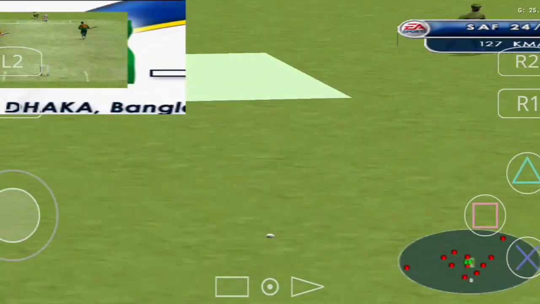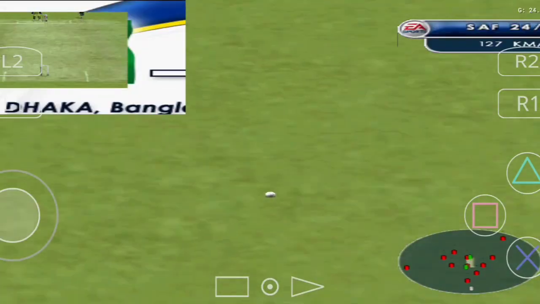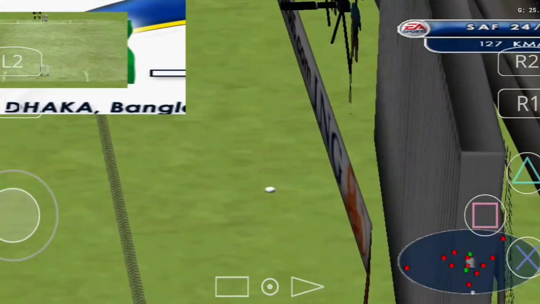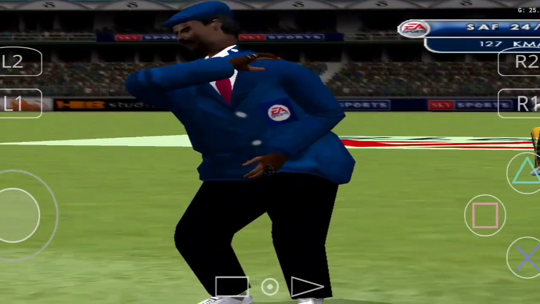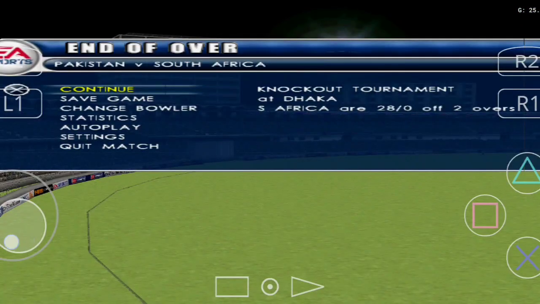That's speeding to the boundary. That takes him into double figures. 8 overs are left for South Africa.